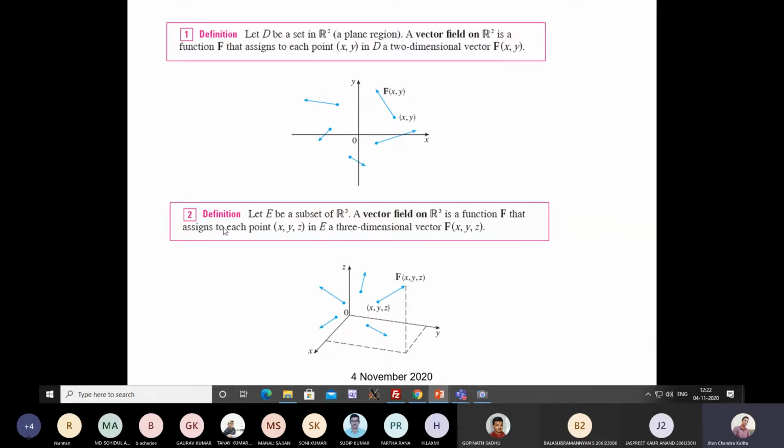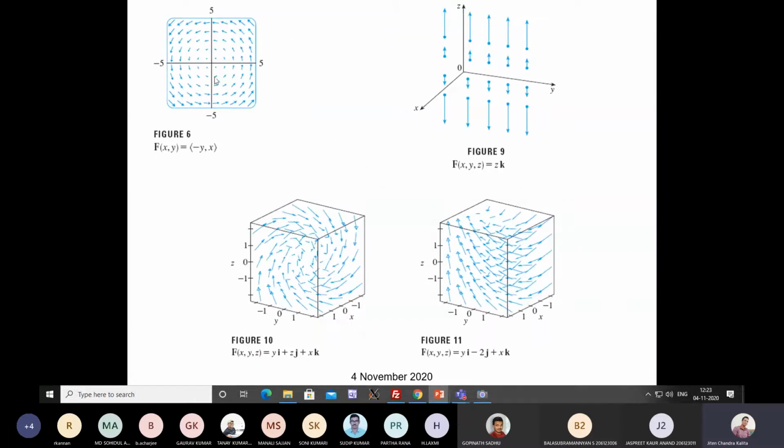What it does is assign a 3-dimensional vector F of (x, y, z) at each point (x, y, z). So it is going to look something like this. This is a vector field in 2D. These are all 3D vectors.